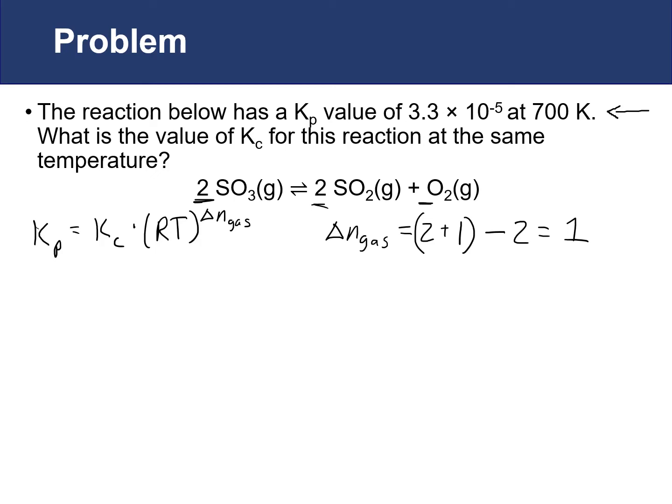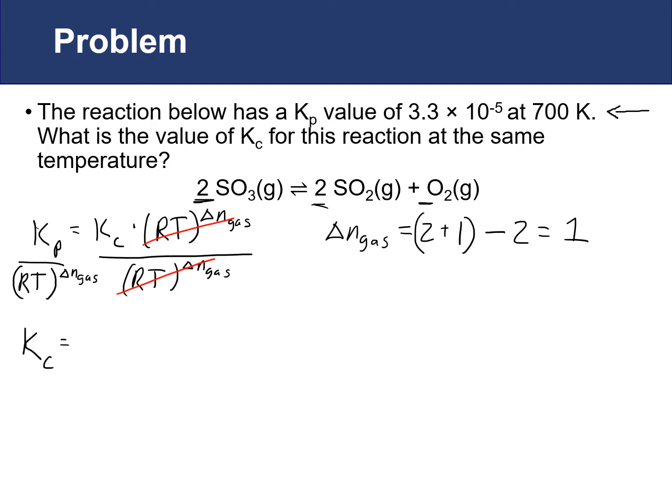Now, we have Kp, we want Kc, so we need to rearrange this equation to get Kc by itself. So we will divide both sides by our RT to the delta N gas. On the right-hand side, the RT to the delta N gas cancels out, giving us an expression that relates Kc to Kp, trying to solve for Kc.